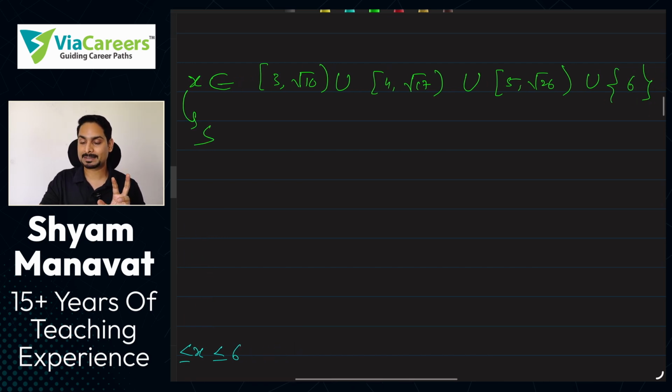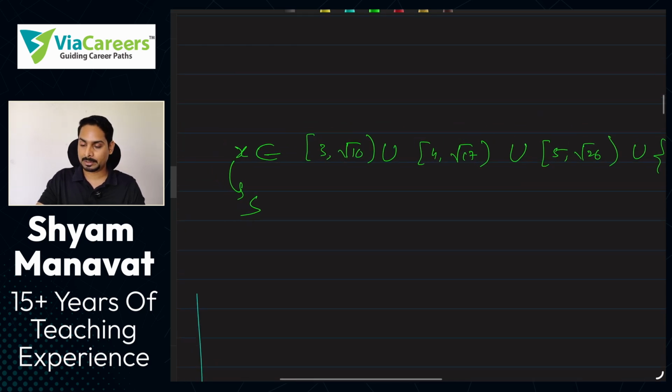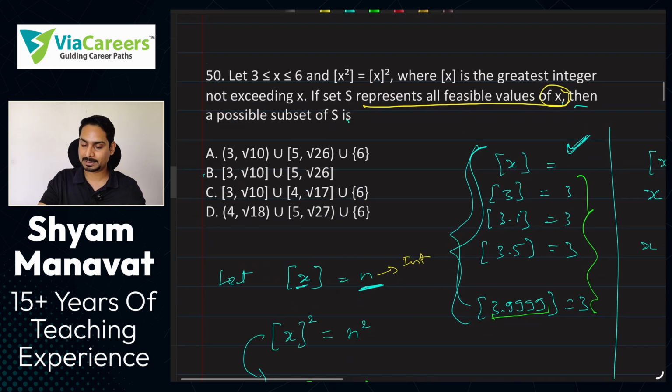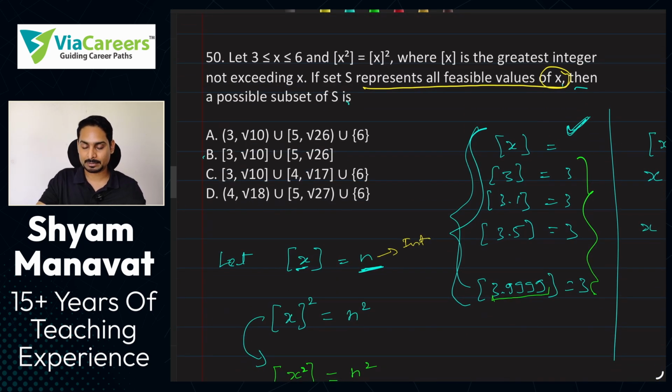Now the question said to find which subsets are possible. Now if you look at option A, is it possible? Look, the subset and not-equal-to-subset notation we have also discussed in the modern maths and miscellaneous topics, where we discussed sets. So if you go through that chapter, you will understand this. So option A: 3 to root 10, where 3 is not included.